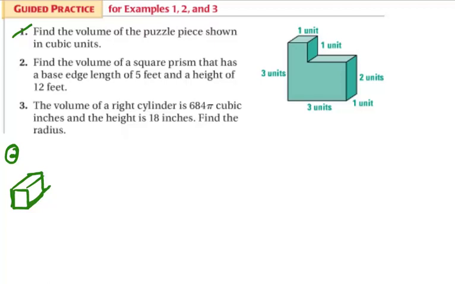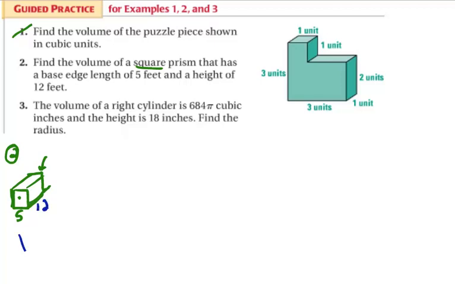So my bases are the squares right here, and then there's one back here, parallel sides, and it says square prism. And so the squares are going to be my bases. And so they have a base edge length of 5, and then a height, which is that distance between the two bases, of 12.